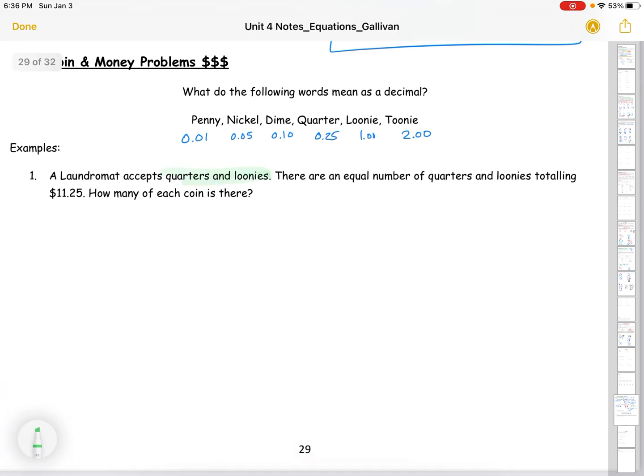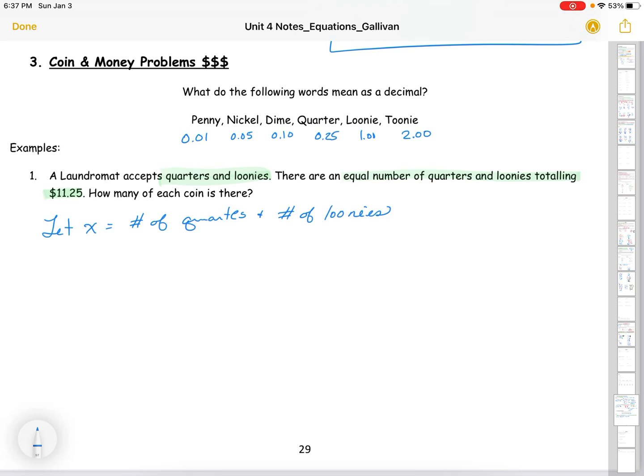A laundromat accepts quarters and loonies. There are an equal number of quarters and loonies, totaling 11.25. How many of each coin is there? So we're going to say, let x equal the number of quarters and the number of loonies, because they're the same.